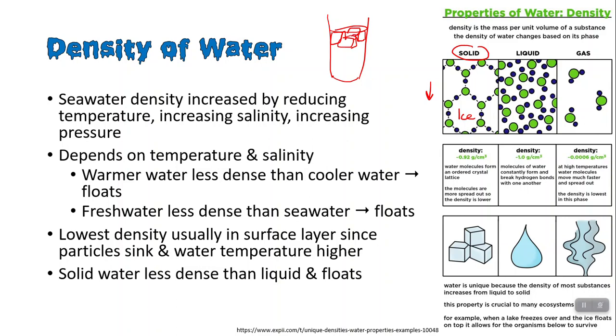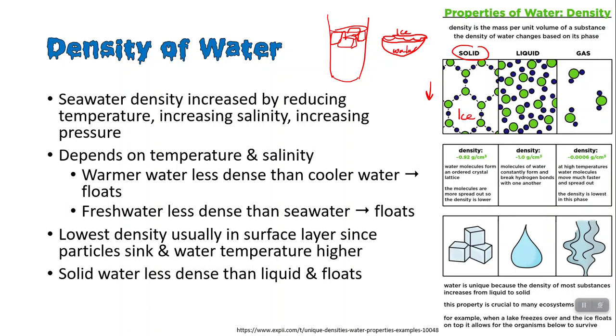This is really important because for example, when a lake freezes in the winter, so that's my nice red lake, if a layer of ice forms on the top, it floats, and then you still have liquid water underneath where all the creatures who live in that water can still exist.